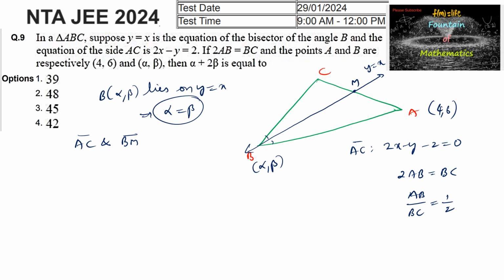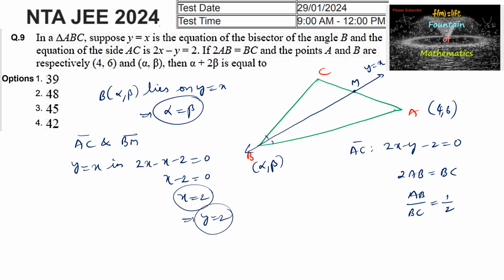The line equations AC and BM are intersecting. So put y is equal to x in the line AC equation, that is 2x minus x minus 2 is equal to 0. That is x minus 2 is equal to 0. So x is equal to 2. When x is equal to 2, y is also 2. So the point M is (2, 2).